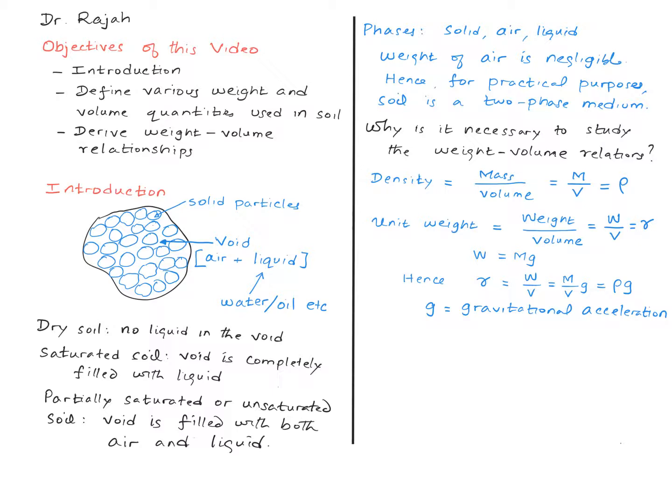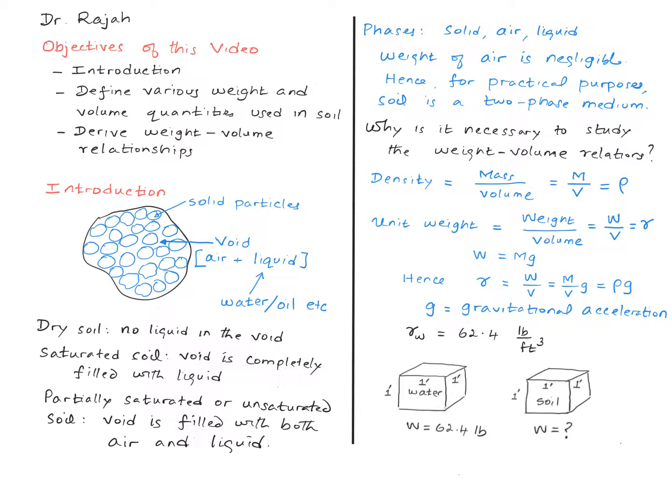Anybody remembers the unit weight of water? Well, if it's fresh water, it's 62.4 pounds per cubic foot, but if it's seawater, it could be a little higher, like 64.4, something like that.